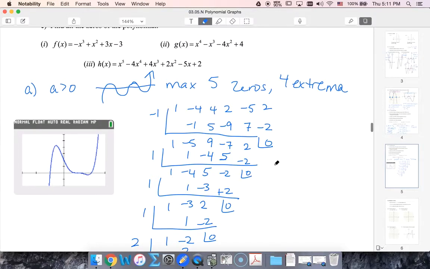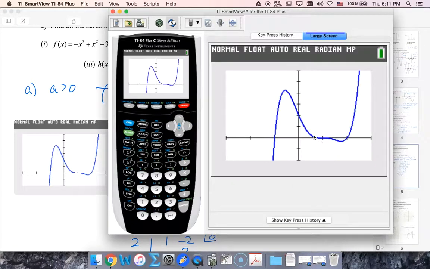So that tells me that my equation factored as x minus 1 cubed, because I had 3 repeated roots at 1, x plus 1, and x minus 2. So this root, when I looked at it zoomed in, it looks like a cubic graph. So this root was actually repeated 3 times.